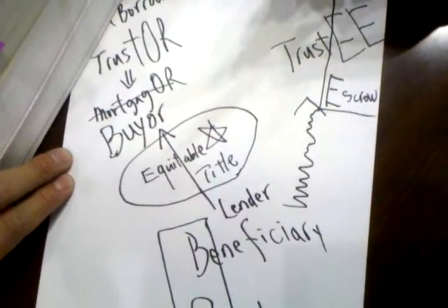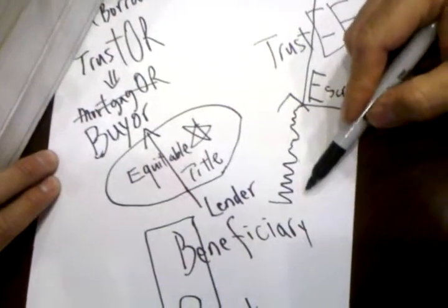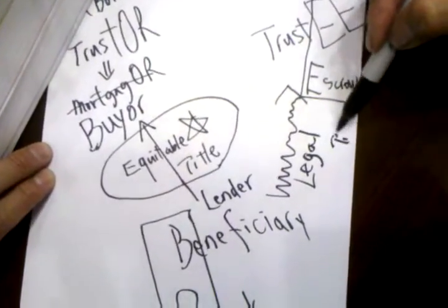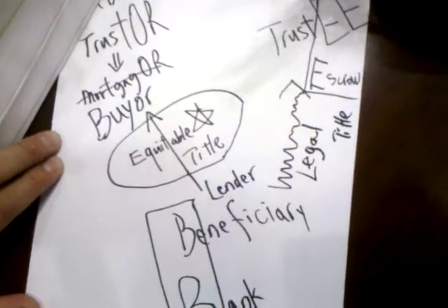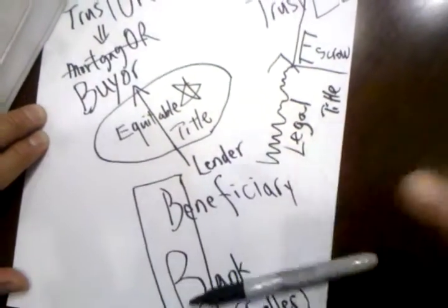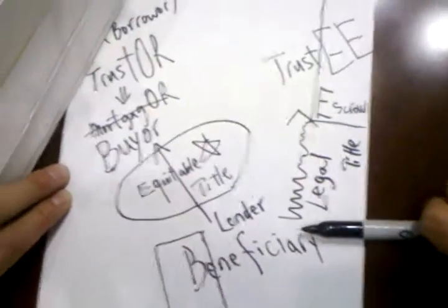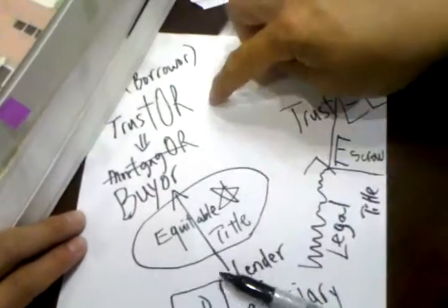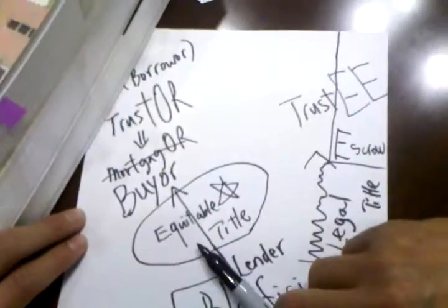Here, all we need to remember is the word legal title. So the thing is, now they use the house and they separate title into two ways. One is called equitable, which this person has a right to change this title into money.